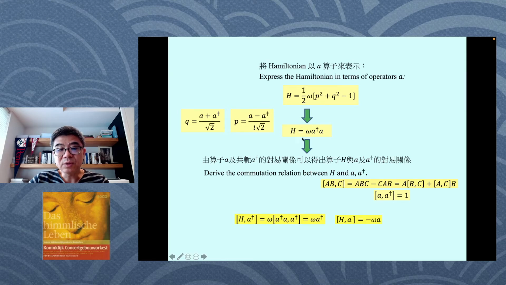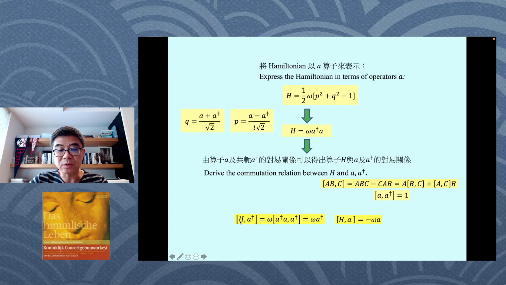With this relation, you can go ahead to derive the commutation relation between H and A dagger. Here, I write down a very useful commutation relation formula about A, B, and C. The commutator of A and BC can be derived as the commutator of A and B times C plus B times the commutator of A and C. So you just plug in and you can easily derive it.